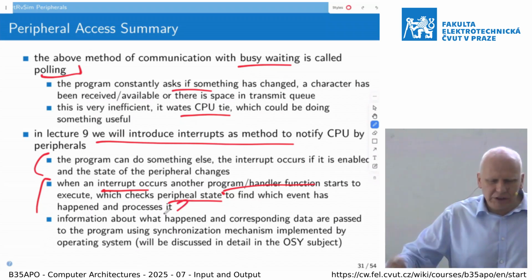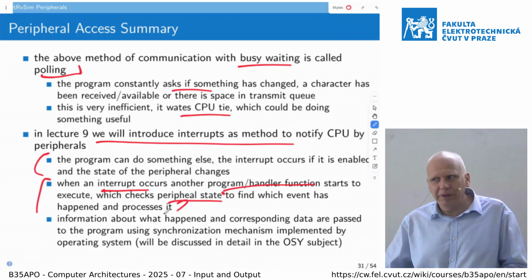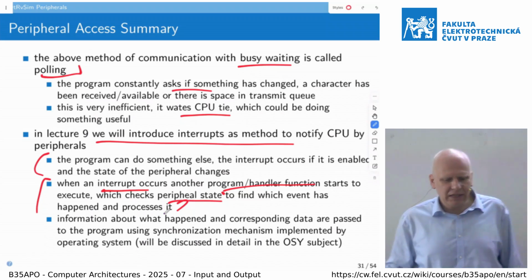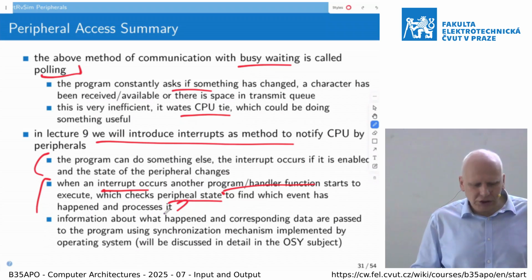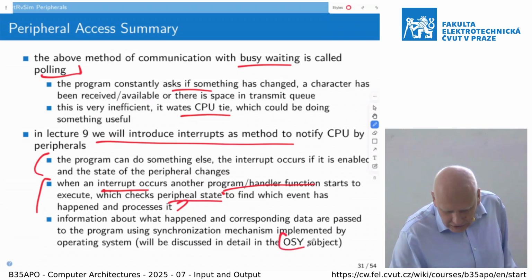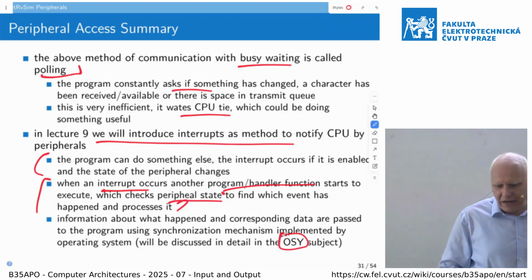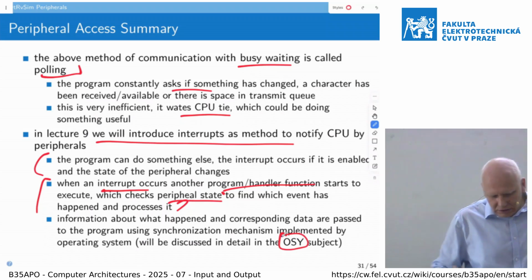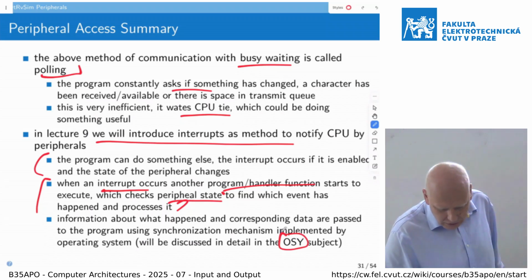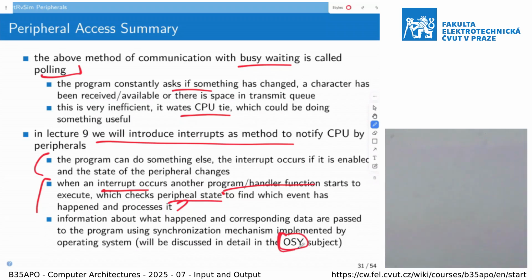The data can be stored into some buffer, for example, and then they can be delivered to the application when the whole line is ready and so on. And it is the area which is taught here during the operating system course.